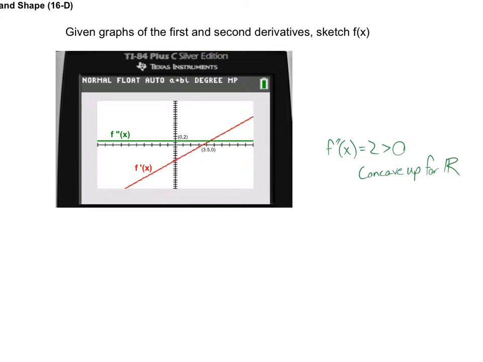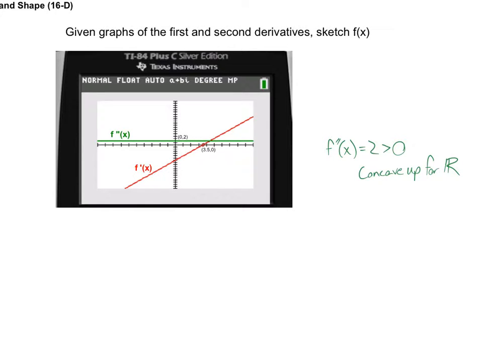But you'll notice we have this point at 3.5. What is that? It's a critical value.